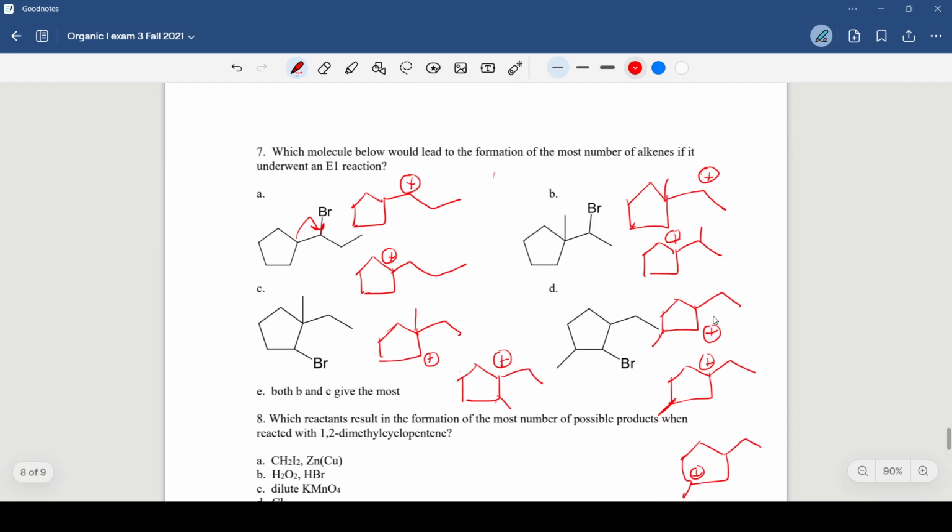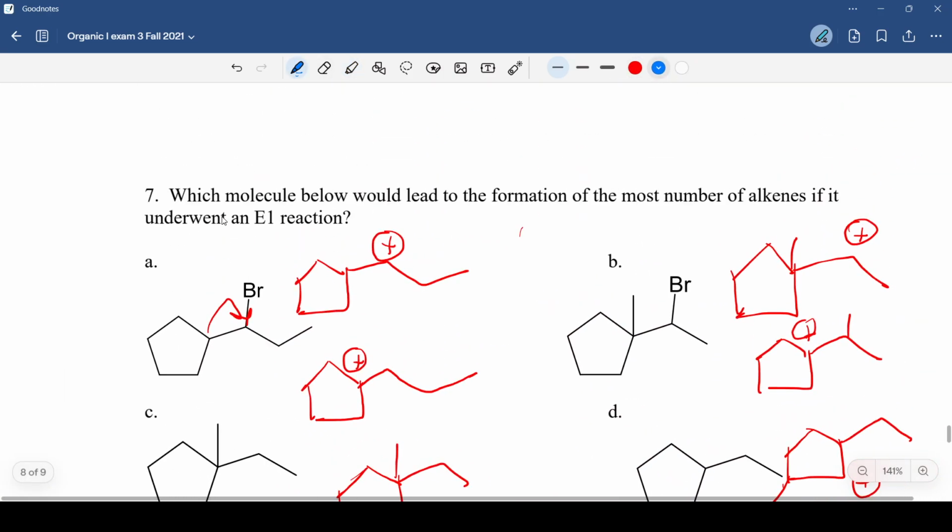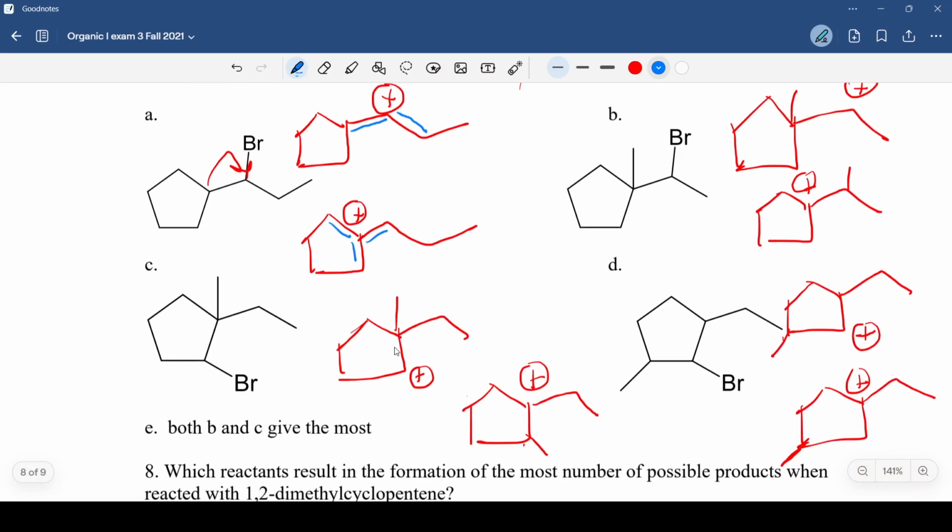Okay, so which one has the most alkenes? What I like to do, let me get a different color, is every time there's a carbocation, I draw lines. So this is a double bond, this is a double bond. Here too, boom, boom, boom. Just draw lines coming out from each positive.